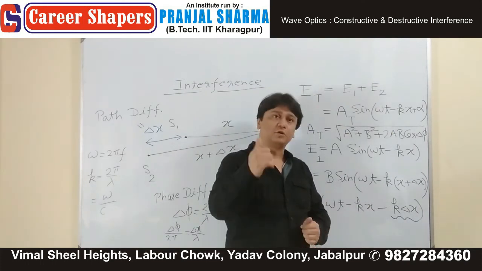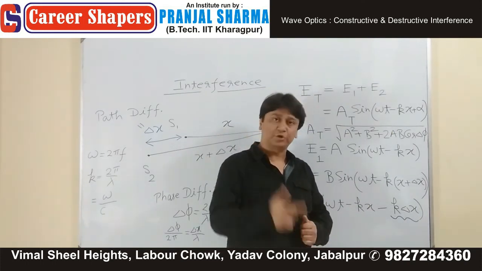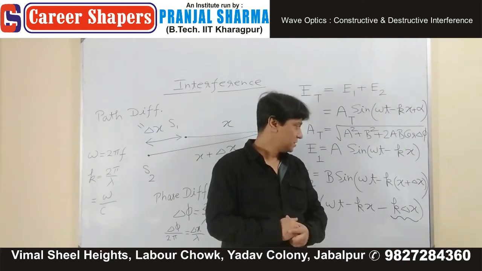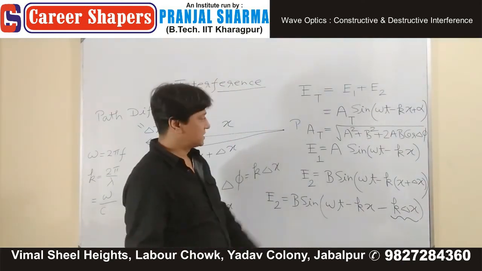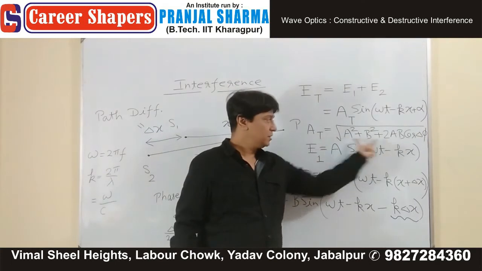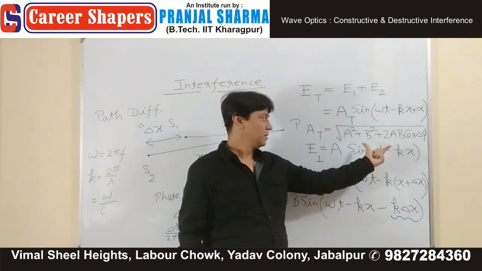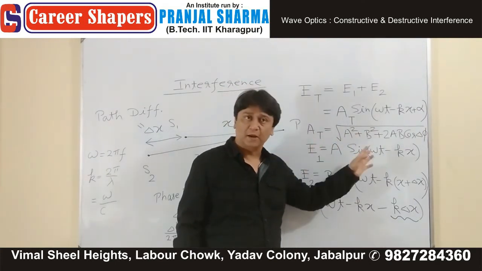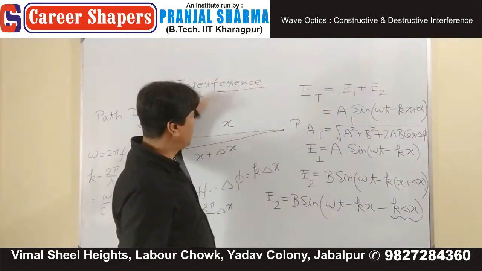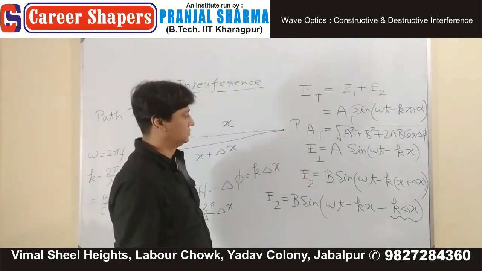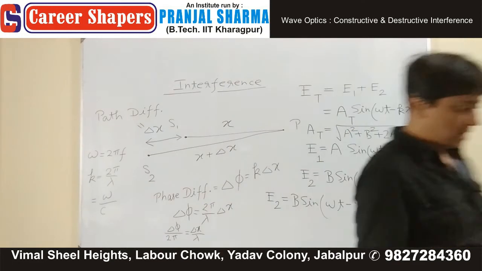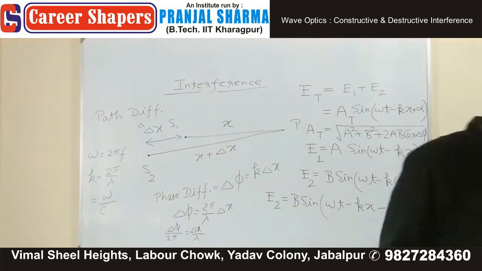You can see your notes from simple harmonic motion and you will find these things. We are interested in this A total part, and this will explain everything about interference. Let's handle A total now.